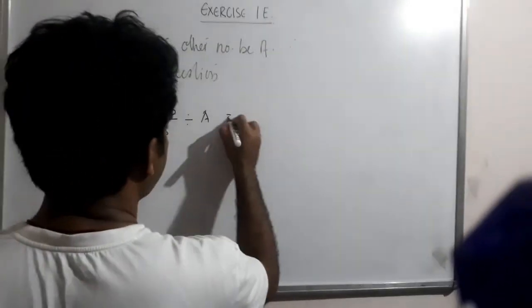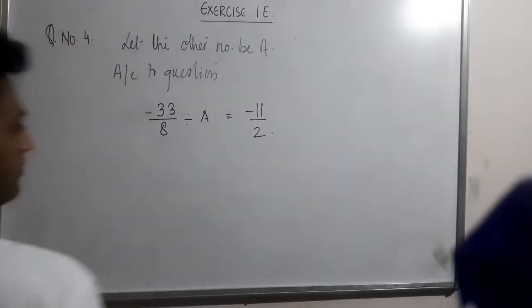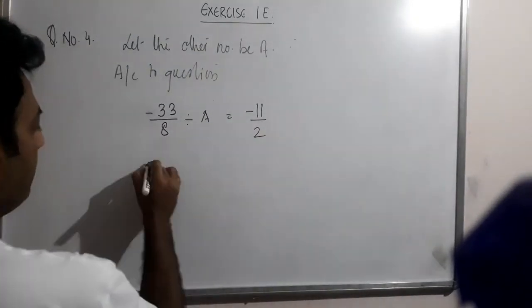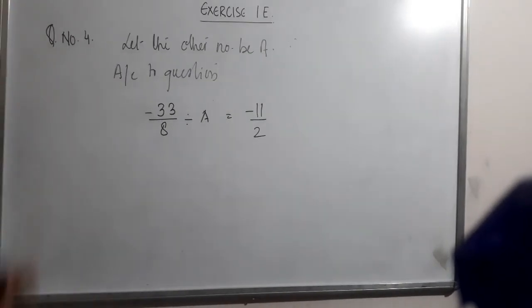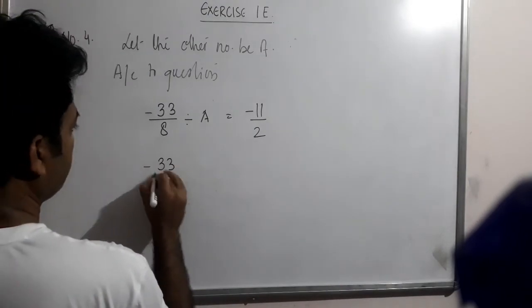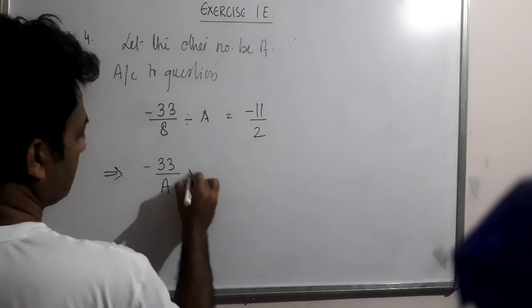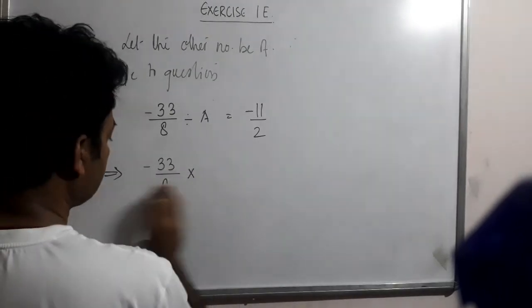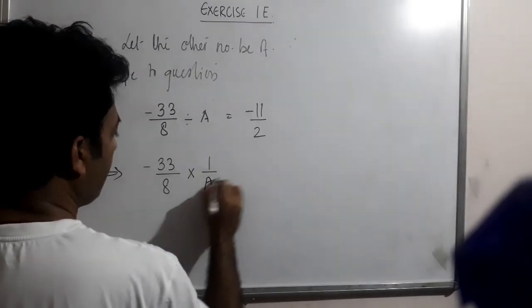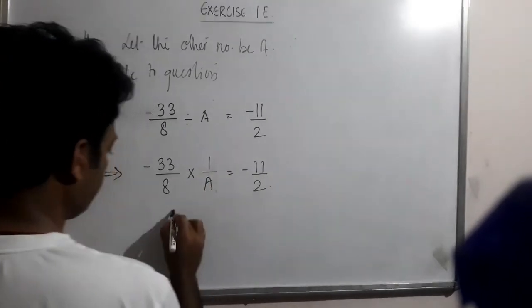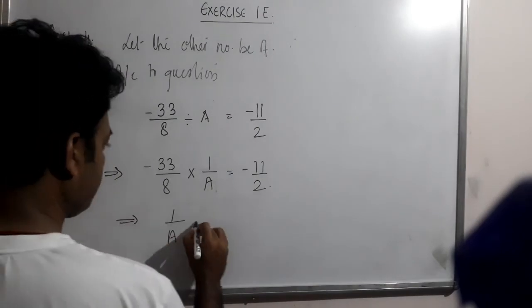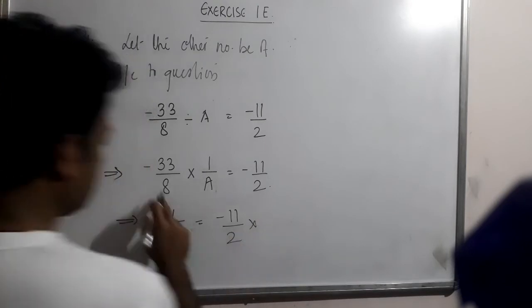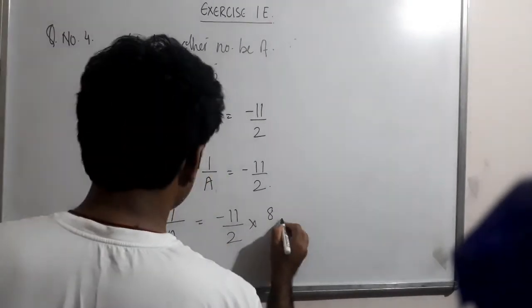And the answer that you will get is minus 11 by 2. Now how do we solve? Maths is all about how you solve it in a very easy way. Minus 33 by 8 into 1 by A. Since 8 is in the denominator part, it will go to the numerator part.